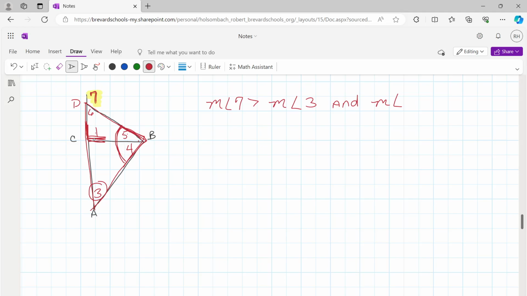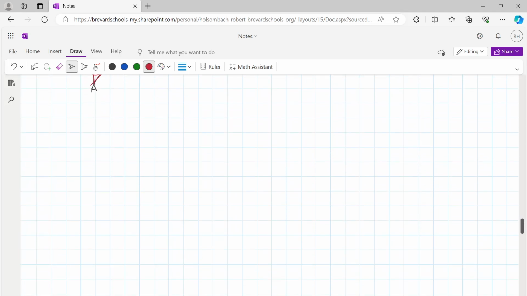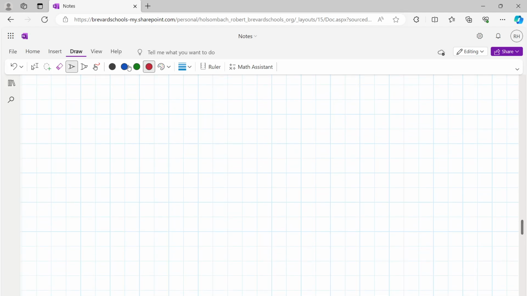So angle 7's got to be bigger than angle 3, and it's also got to be bigger than angle 5 and the measure of angle 4. Is that making any sense? I hope. All right, so with that said, let's draw that big triangle in example 1, and let's talk our way through that problem so you can get a better feel for what you're going to be doing today. So draw that diagram there the best you can.